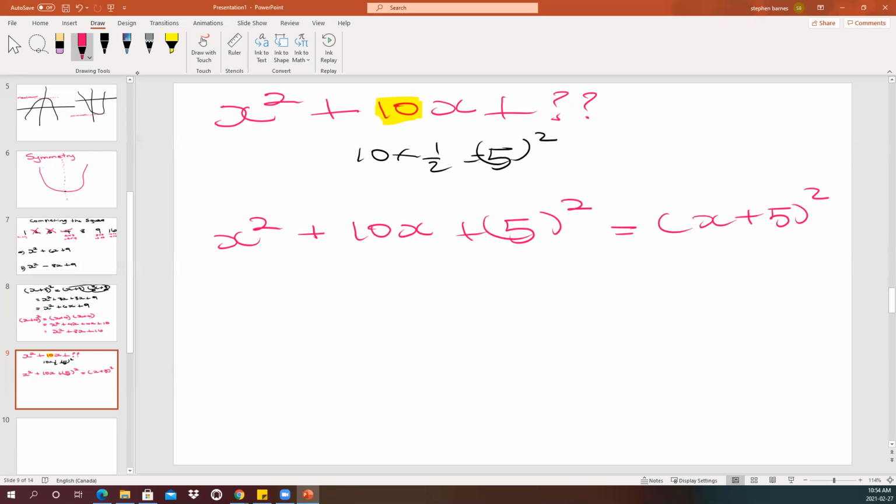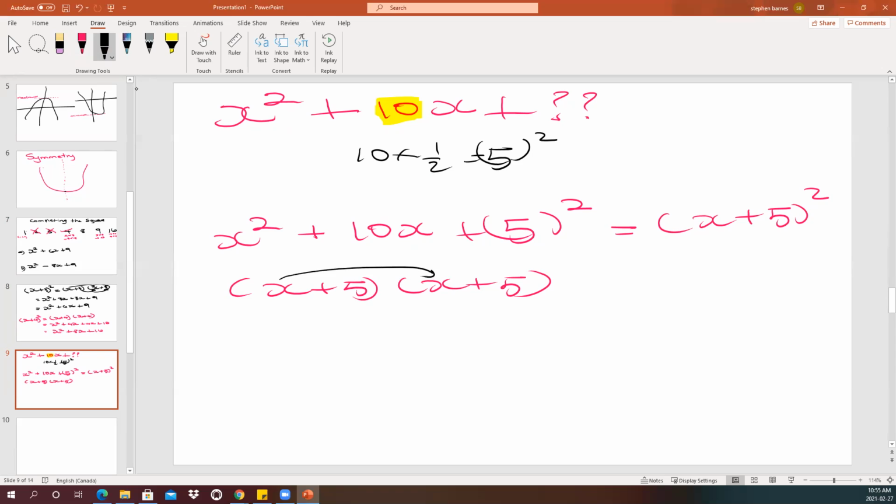Effectively that's the answer, 5 squared. You'd work this out, but I'm just going to work out x plus 5 times x plus 5 to show you what we would get for our answer.